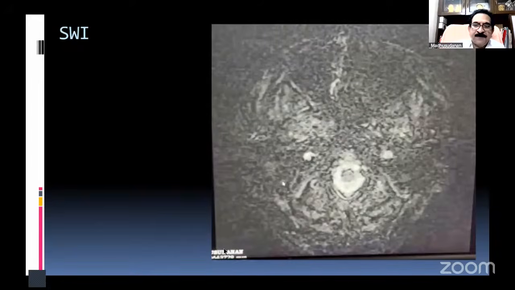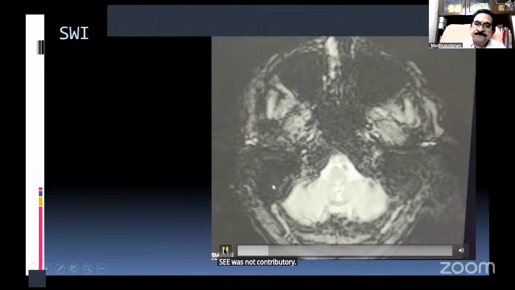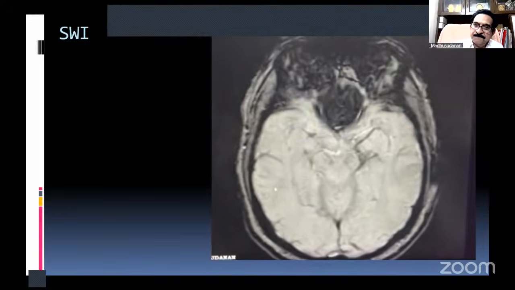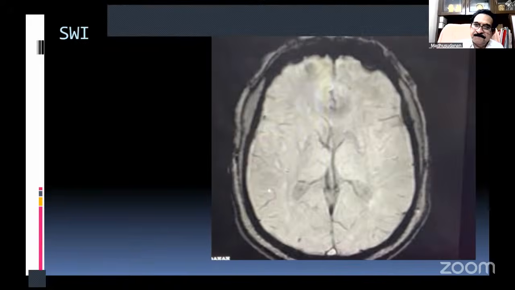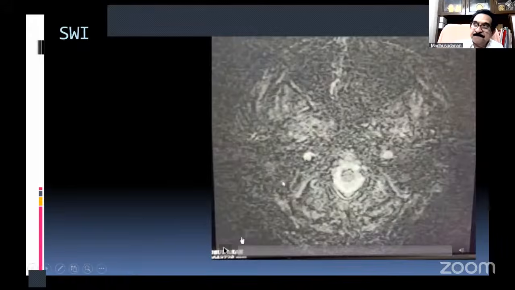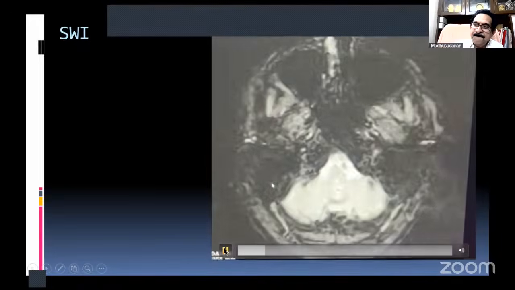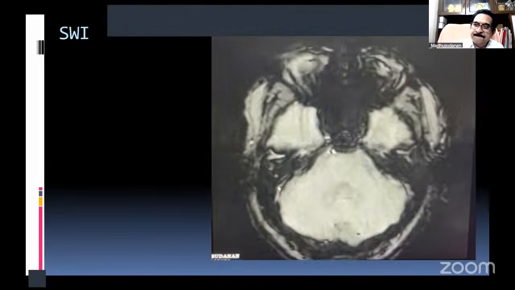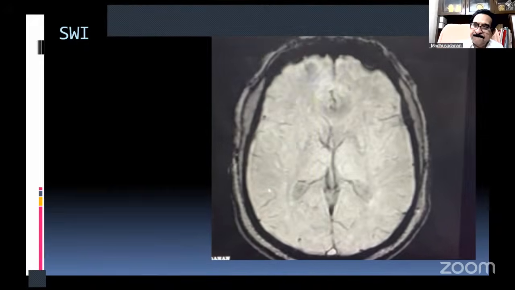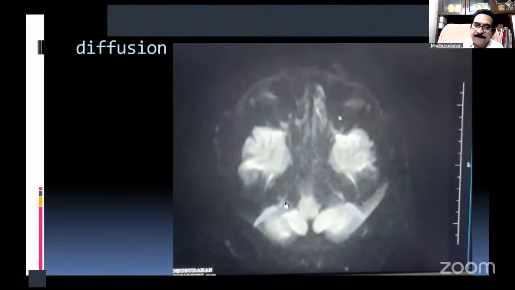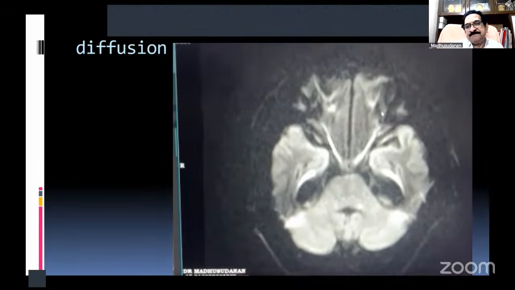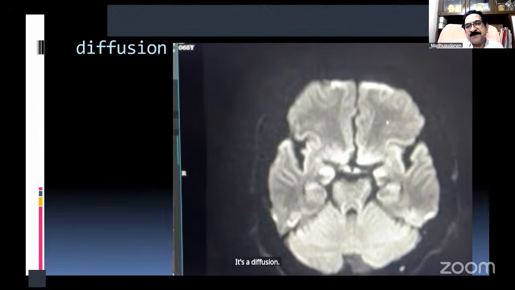SWI was non-contributory. This is diffusion, and there is no diffusion restriction.